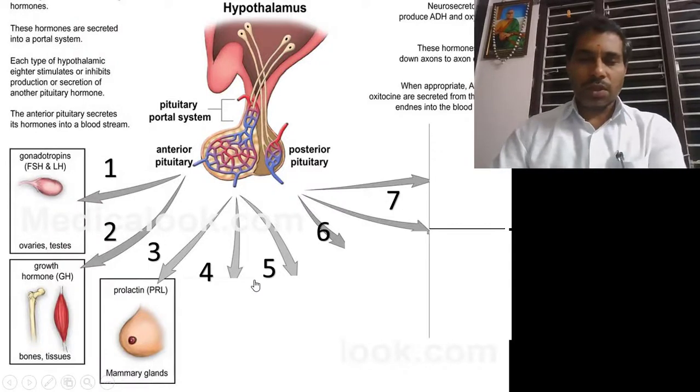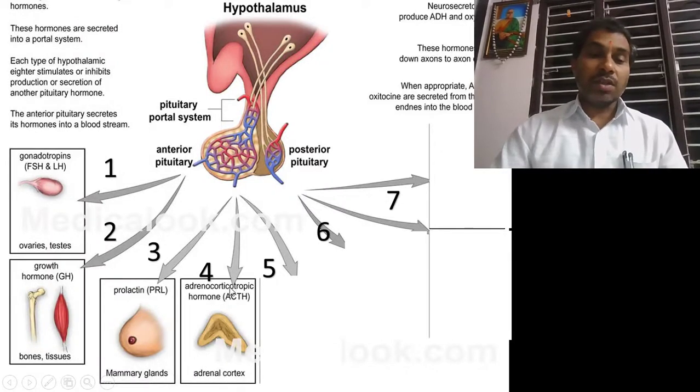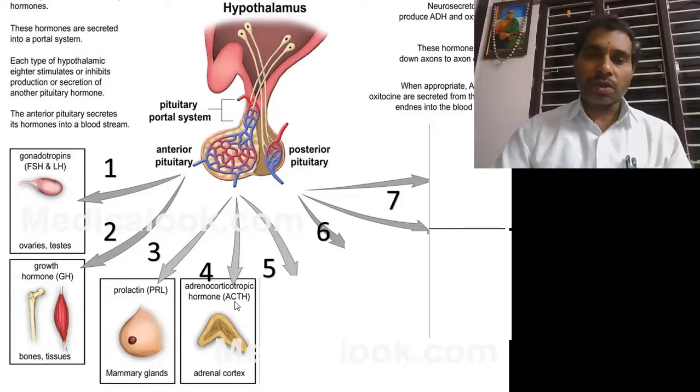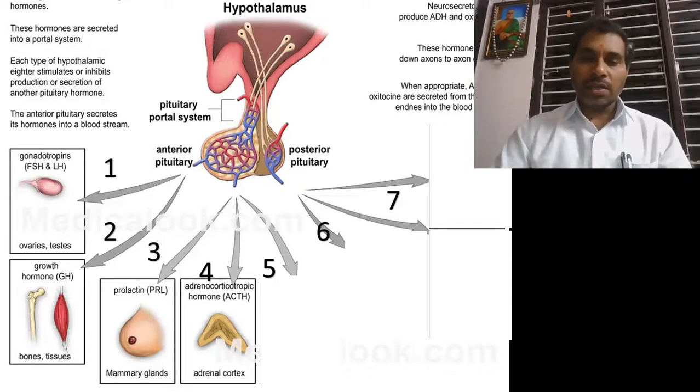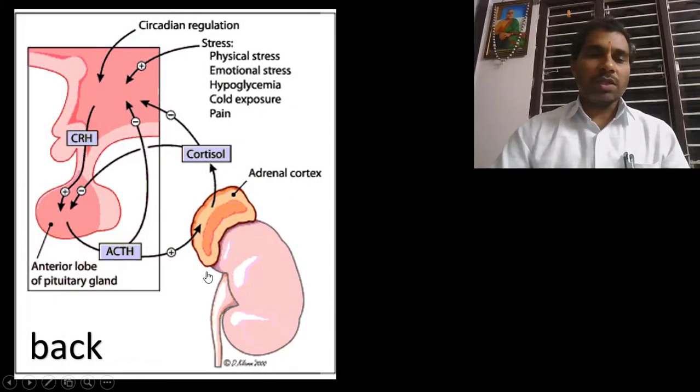Next comes another important hormone, which is called ACTH, adrenocorticotrophic hormone, secreted from the anterior pituitary. This adrenocorticotrophic hormone acts on the adrenal gland. The adrenal gland consists of two different parts: the adrenal cortex and the adrenal medulla.